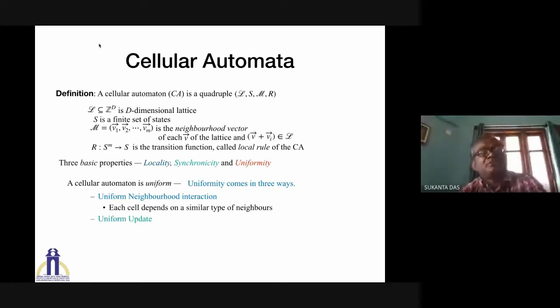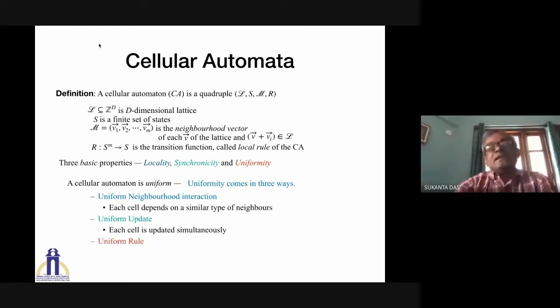Uniform update. All the cells are updated uniformly. That is synchronicity, right? Synchronicity means that all the cells are updated simultaneously. So there's uniformity. So uniform update. And finally, uniform rule.